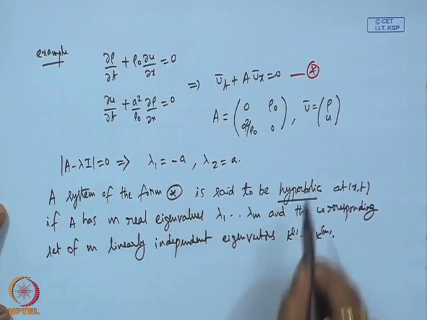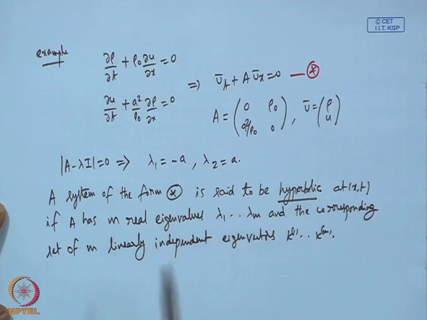So, this is said to be hyperbolic at x t if A has m real eigenvalues.